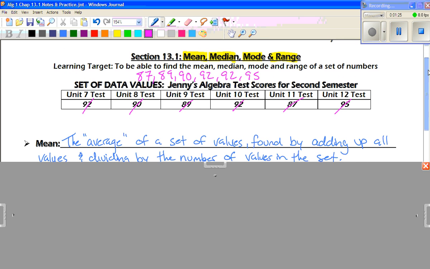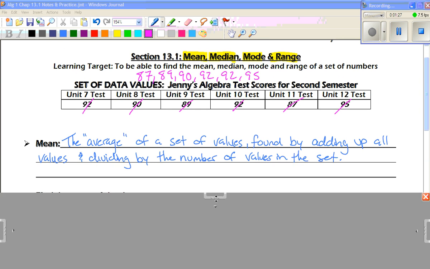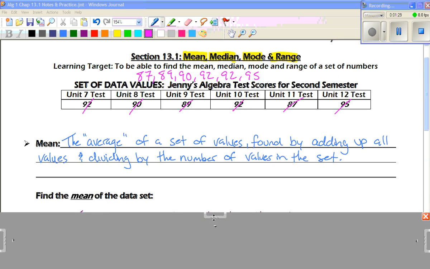Alright. Now, mean. Mean you guys might have heard of, but mean is also another word for average. And it's the average of a set of values. And that's found by adding all the values up and dividing by the number in each set.